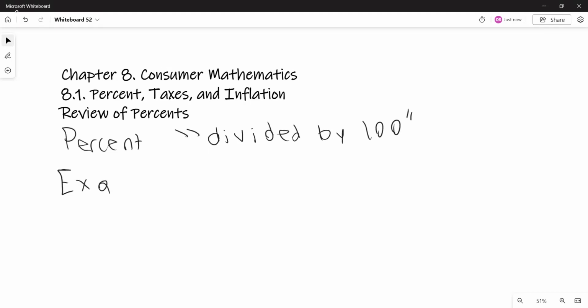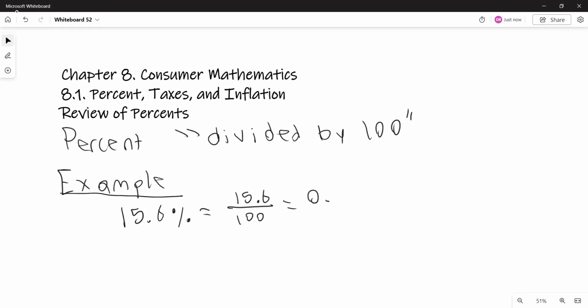This is nothing we haven't done before. Something like 15.6% is 15.6 divided by 100, and as a decimal, that is 0.156.